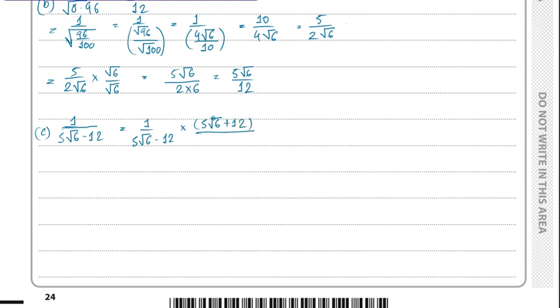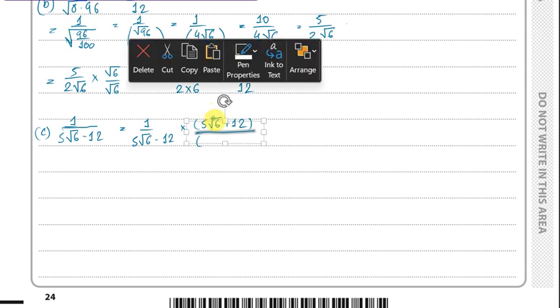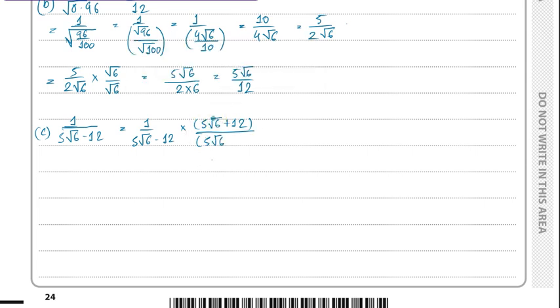The sign will change when you try to rationalize the denominator. So we multiply with the denominator, 5 root 6 plus 12. We just change the sign of the denominator here. It was minus and it became plus. And you have to multiply this with the numerator and with the denominator as well, both actually. So this would be 5 root 6 plus 12.